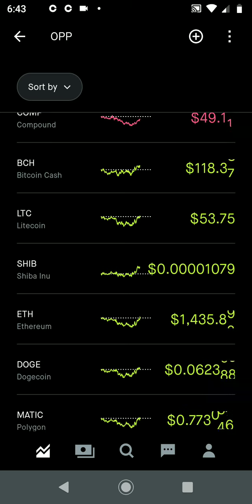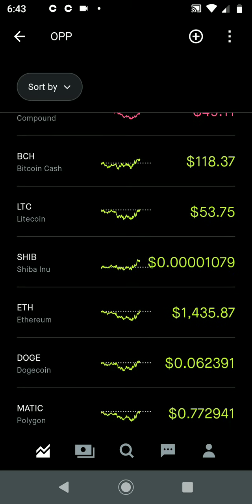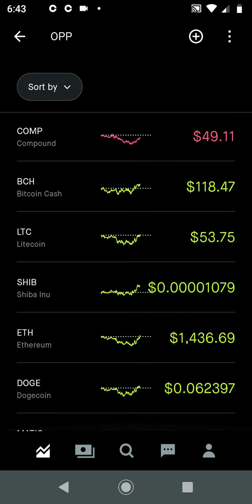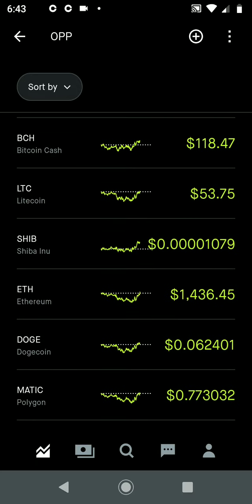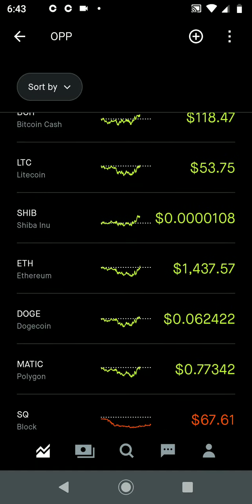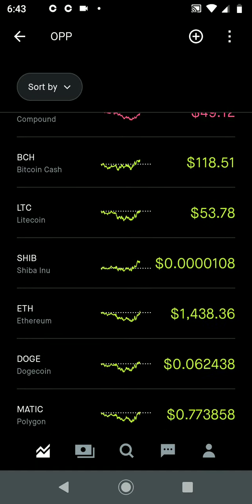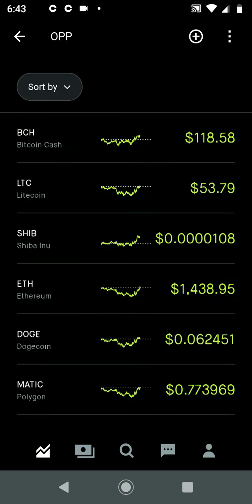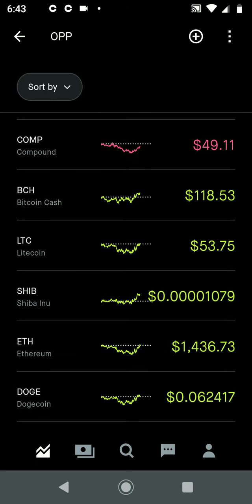I have traded Litecoin and Polygon, not as much, but I would probably be venturing into a couple of other ones. But let's look at my technique and strategy and how I do it.